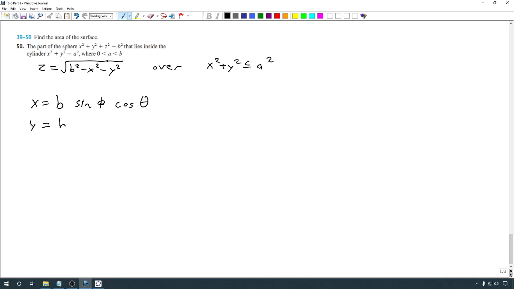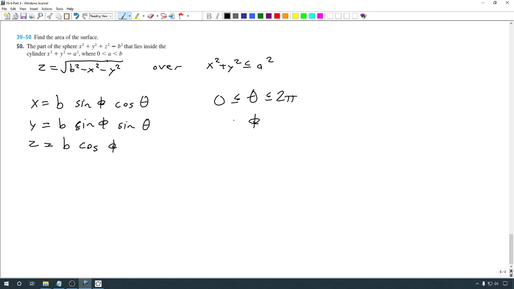Y is equal to b sine phi sine theta. And z is equal to b cosine phi. Of course, we are able to go all the way around. There's no limits on theta, so theta is going to go from 0 to 2 pi.